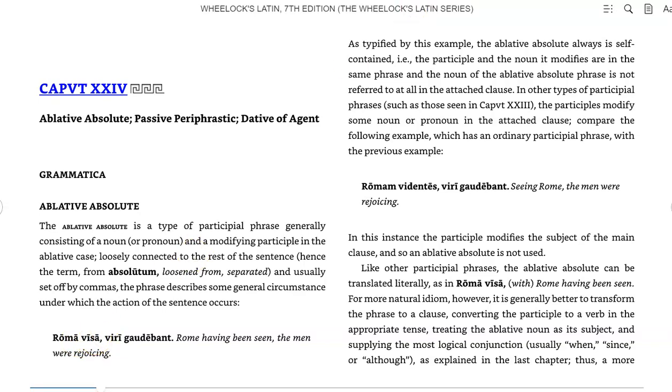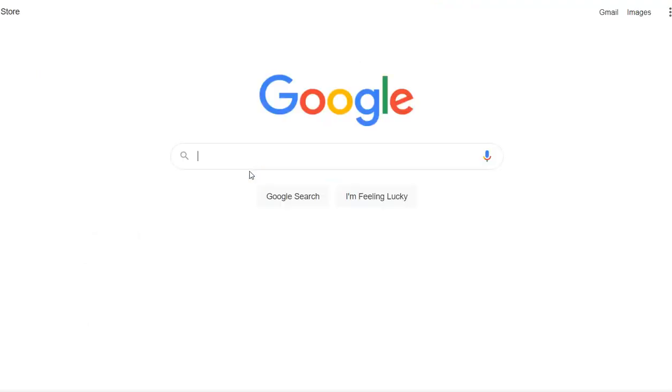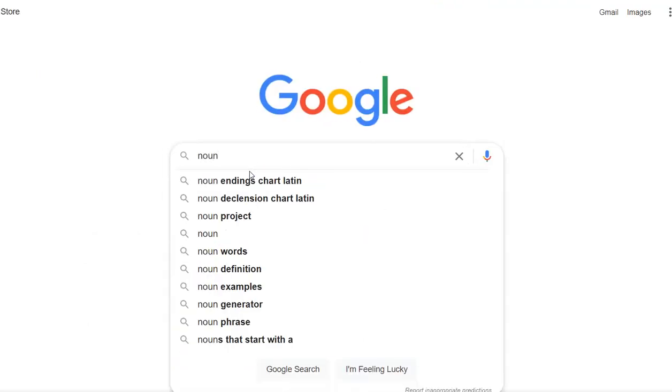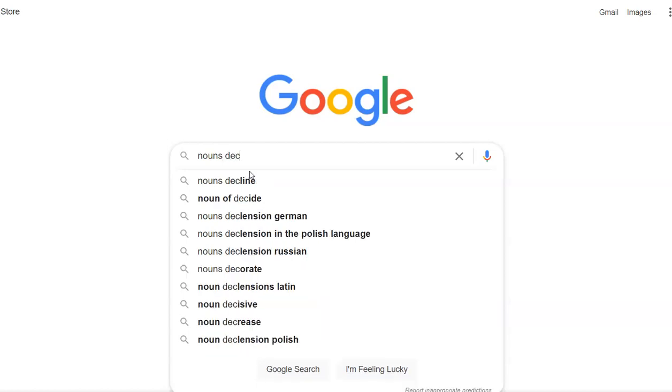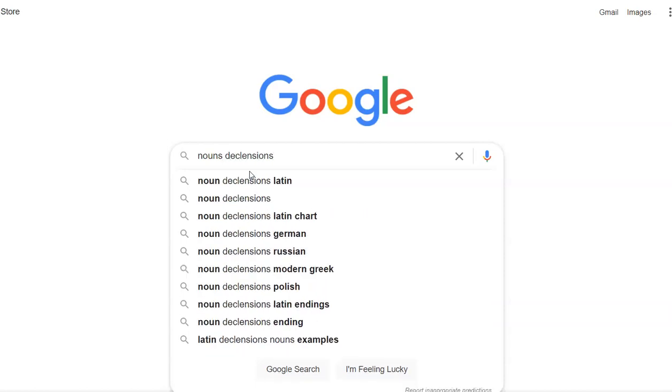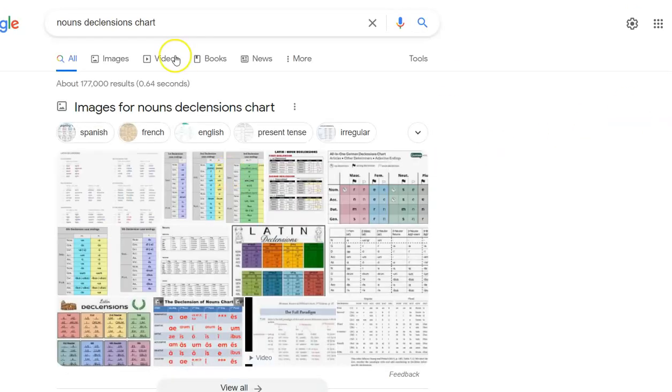So let me pull up the noun declensions, which you either have to have memorized or certainly be able to pull up the chart, but really at this point you probably need to have the noun declensions memorized. So let me pull this up for just easy reference for us.